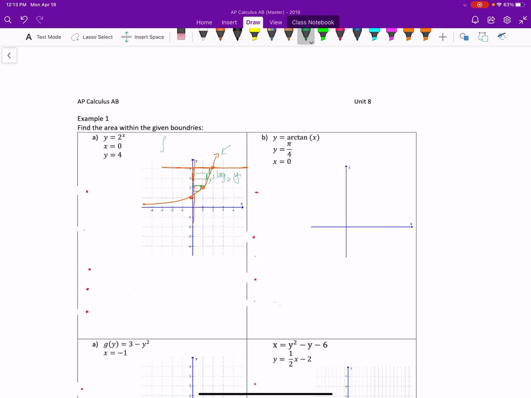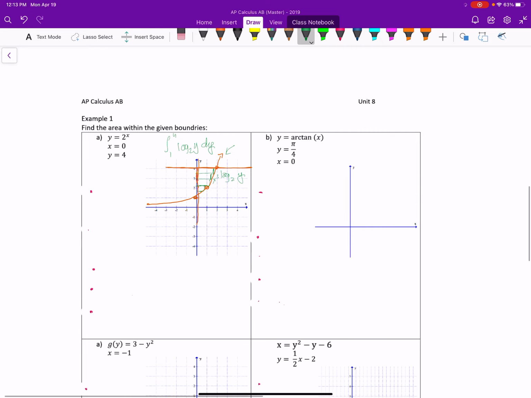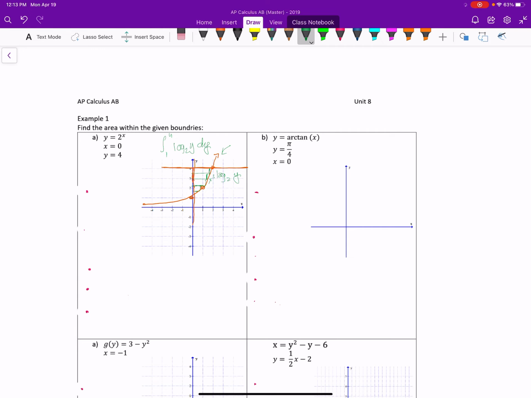I would do the integral from 1 up to 4 of log base 2 of y dy. But I forgot that you guys don't know how to take the integral of a logarithm yet. Not even a natural log.